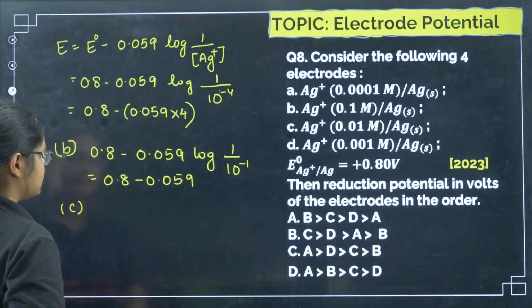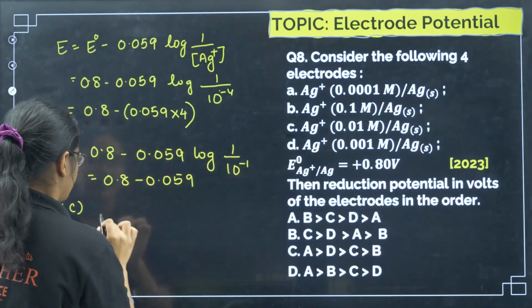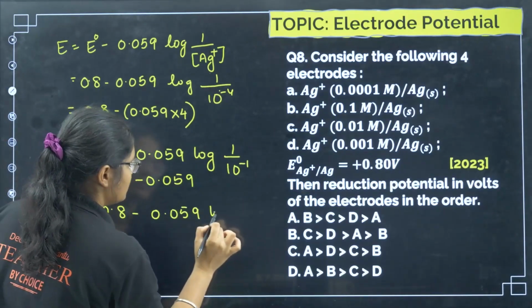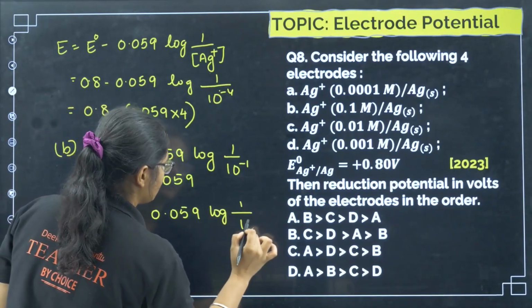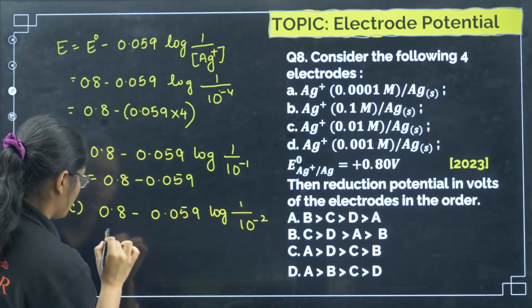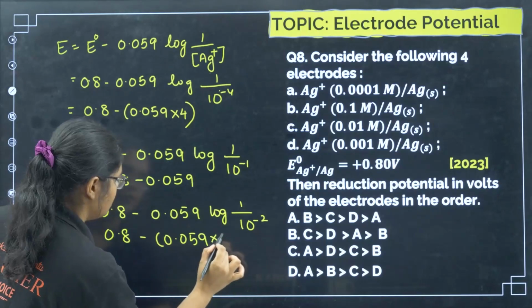Next, if I take 10 to the power of minus 2, right? So 0.8 minus 0.059 log of 1 by 10 to the power of minus 2, that goes up, so I will get here 0.8 minus 0.059 into 2.